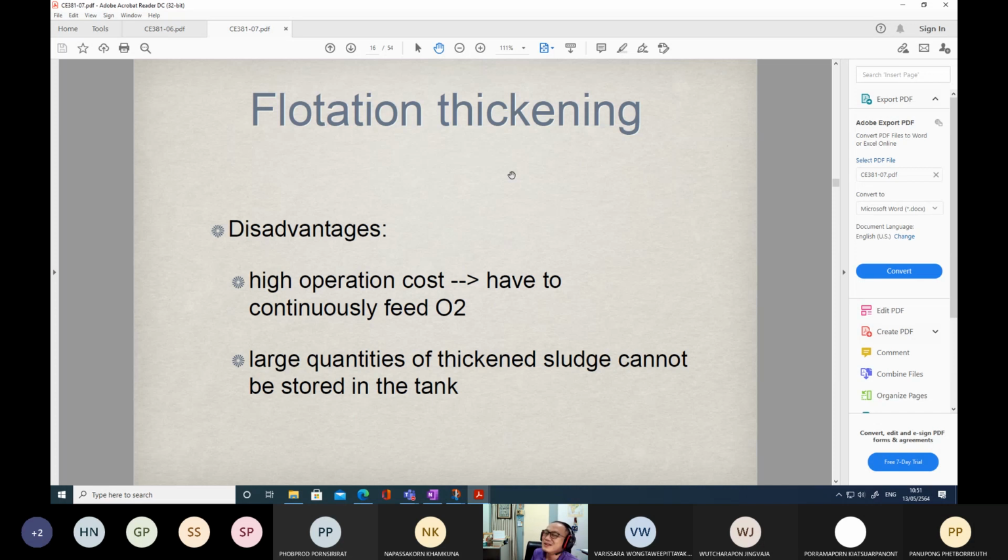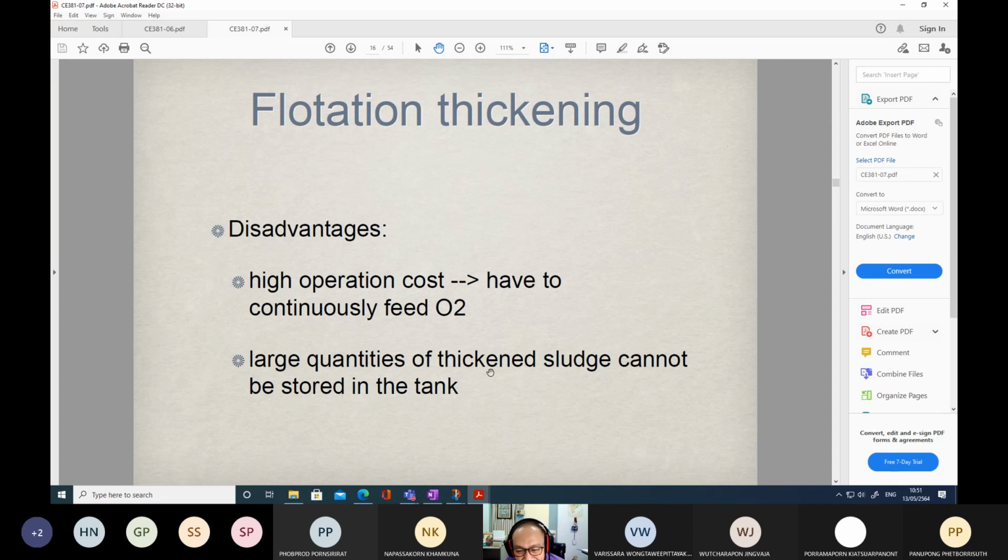Why not spend some of the oxygen produced from the air blower for the operation of flotation thickening, right? But for a water treatment plant, it may not be a good option.